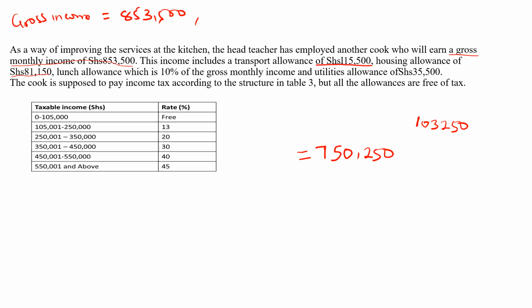And again I have lunch allowance. Lunch allowance is 10% of gross income. So here it is 10 out of 100, times our gross income.